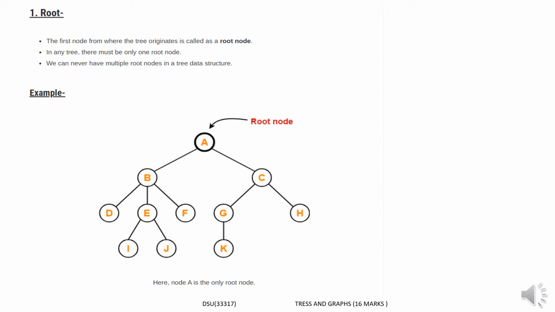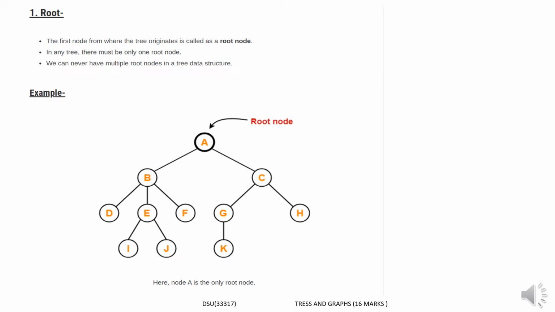First tree terminology is root. The first node from where the tree originates is called the root node. In any tree, there must be only one root node. We can never have multiple root nodes in a tree data structure. See here, this is the example containing the nodes A, B, C, D, E, F, G, H, I, J, K. This is the sample tree.